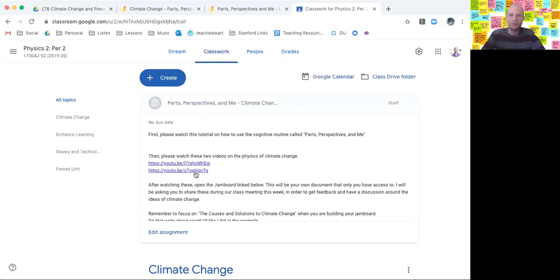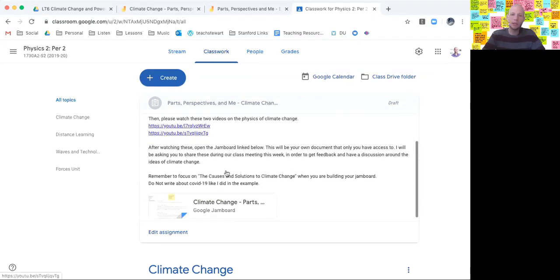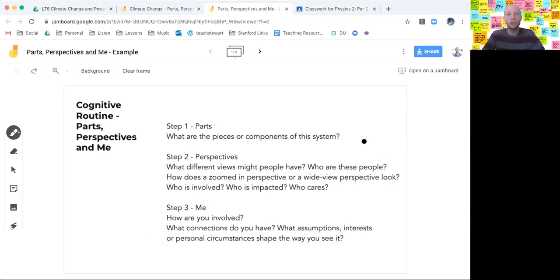It'll have the two links to the videos that I want you to watch, and below that, a link to this Google Jamboard, which will open up your own copy. This is the place where I want you to record your ideas and thoughts, and then I'm going to ask you to share these with your classmates during our video meeting this week.